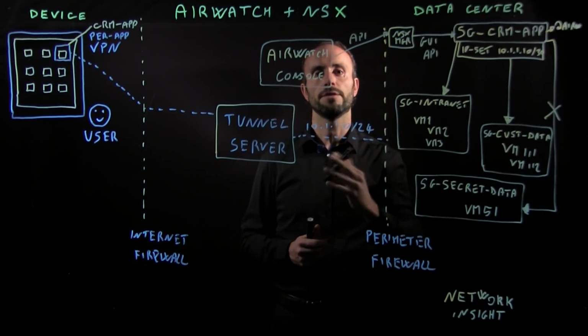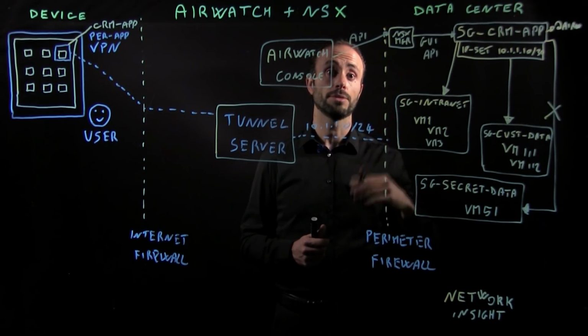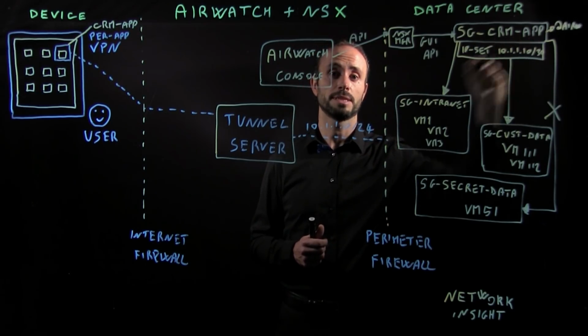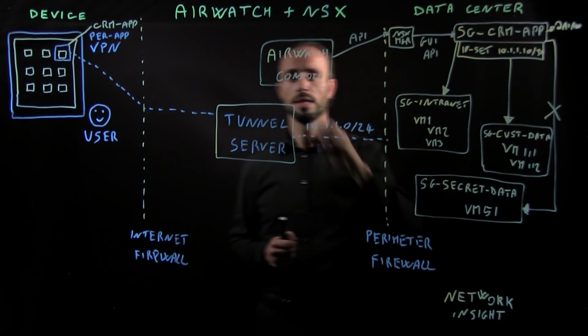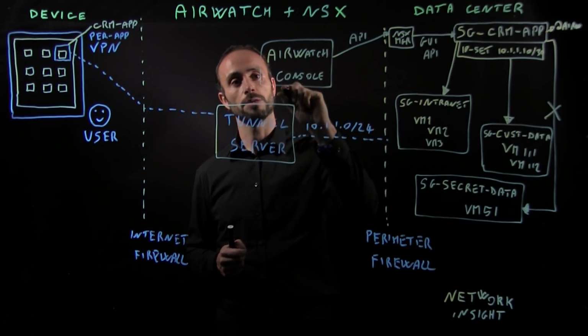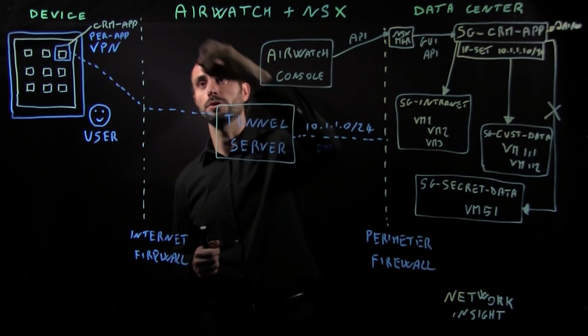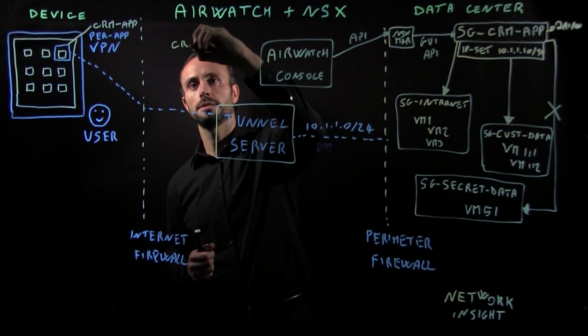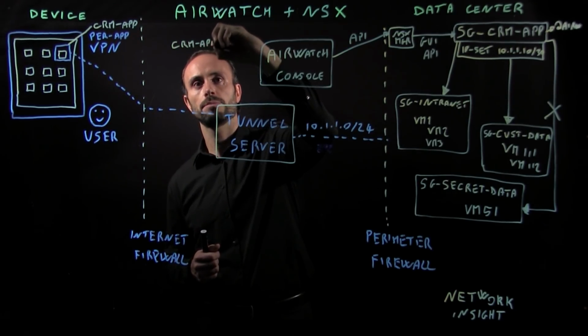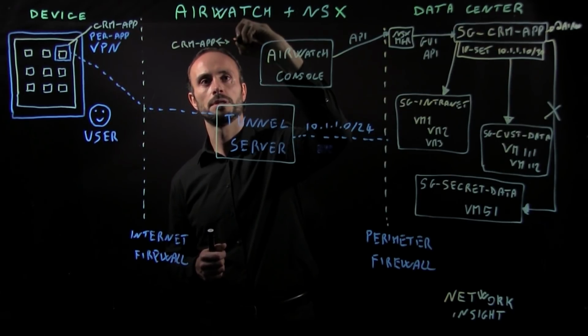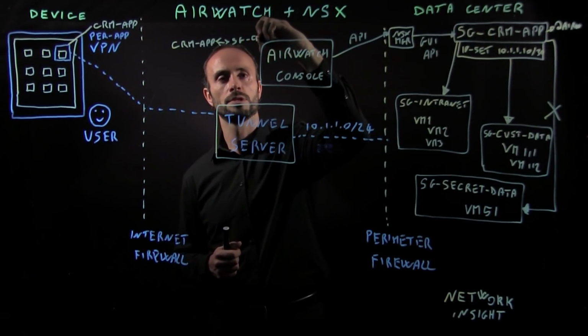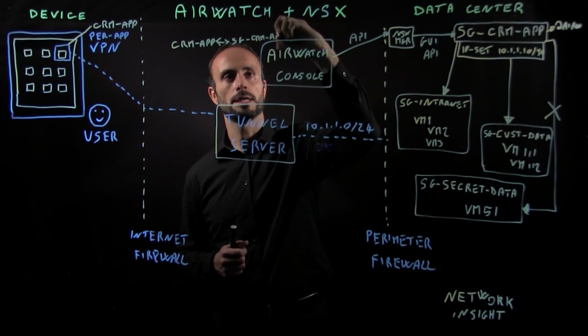It is going to retrieve all the security groups with that specific tag specified, and make them available for the operator, and the operator will be able to associate the CRM app to the security group CRM.